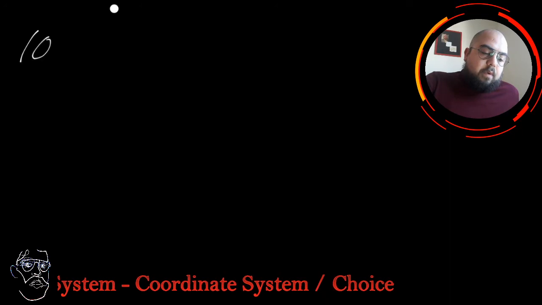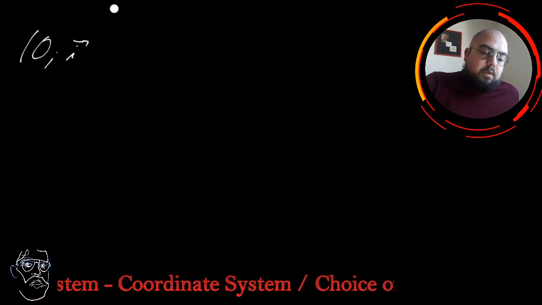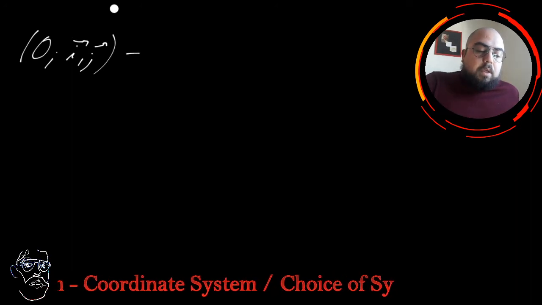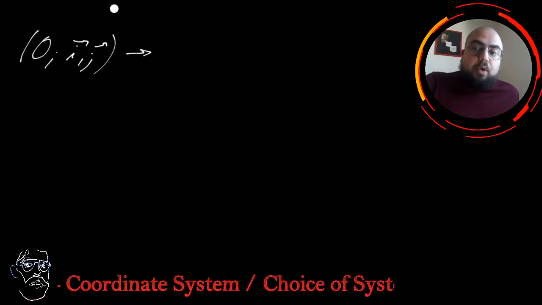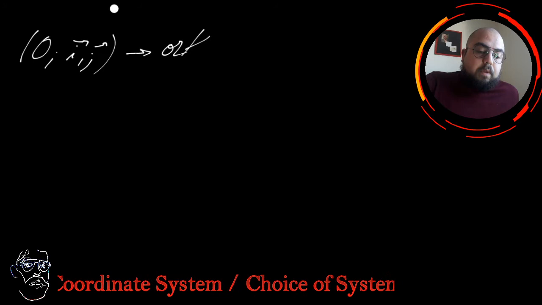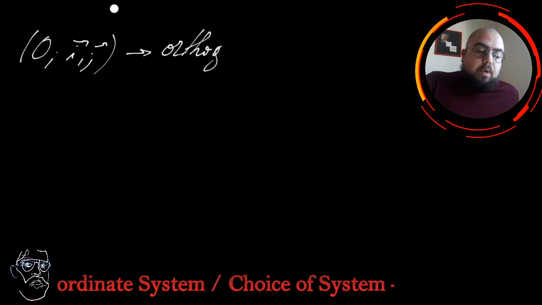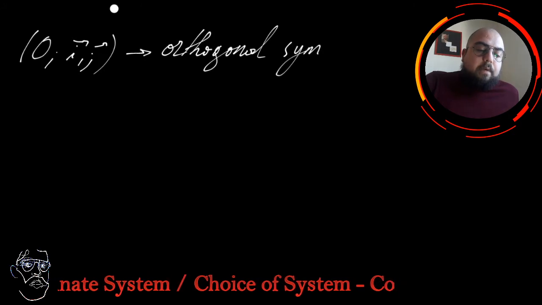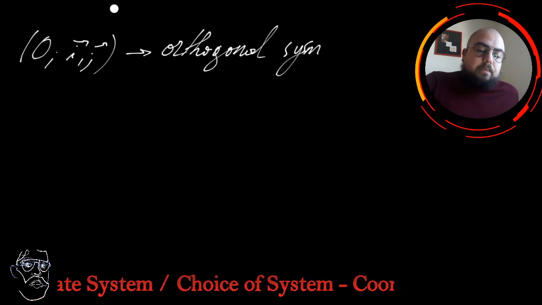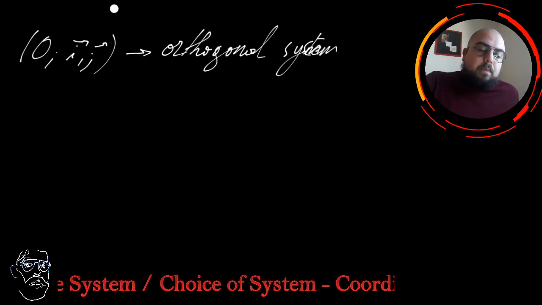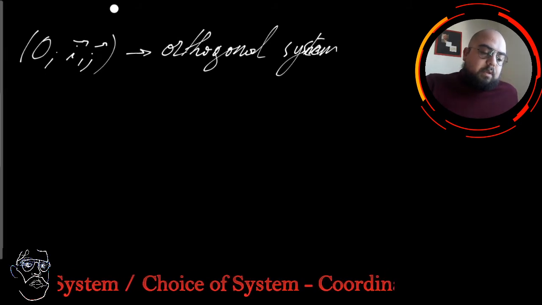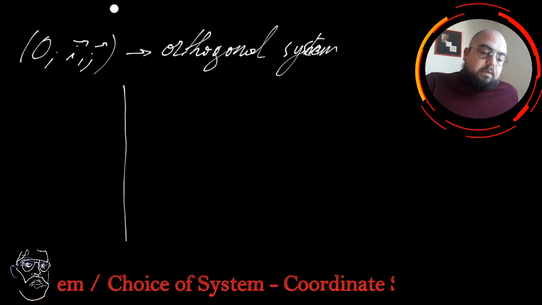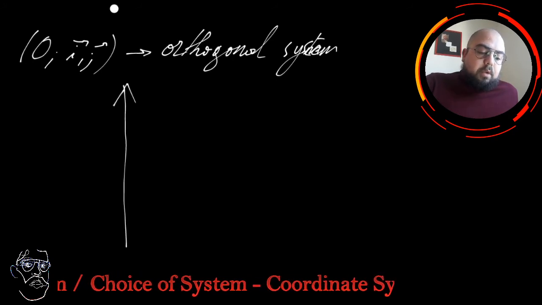Let's say we have OIJ, where the system is said to be orthogonal. So if it is called an orthogonal system, in this case you need to draw your axes in an orthogonal way.